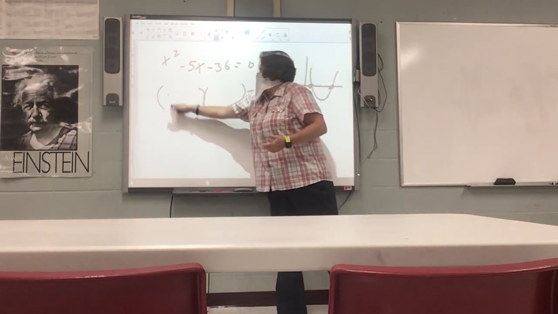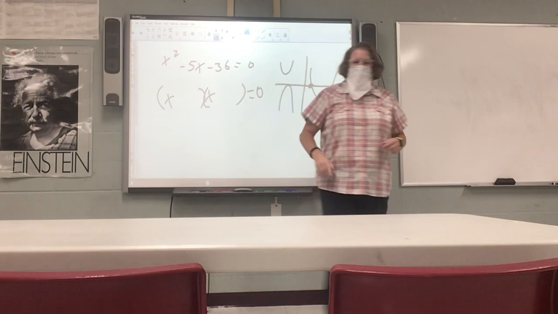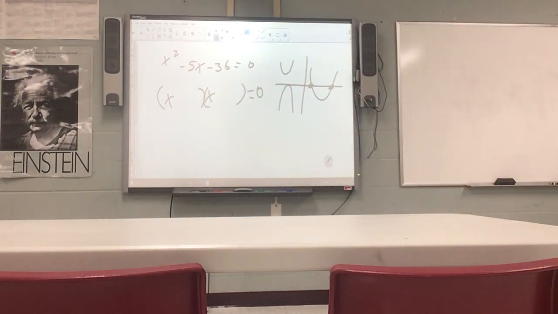So I'm going to go ahead and put my x's. Now I've got to find 2 numbers that when I multiply them, I get negative 36, but when I add them, I get negative 5. My a times c is negative 36.